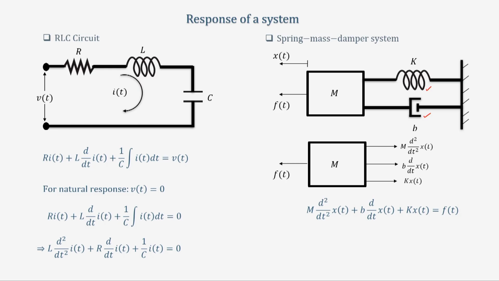Notice we are trying to find out the natural response, so we will assume that the input is 0. In that case my equation turns out to be this. This is the differential equation that governs this spring mass damper system when the input is 0. The earlier one is the differential equation that governs this RLC circuit when the voltage input is 0.